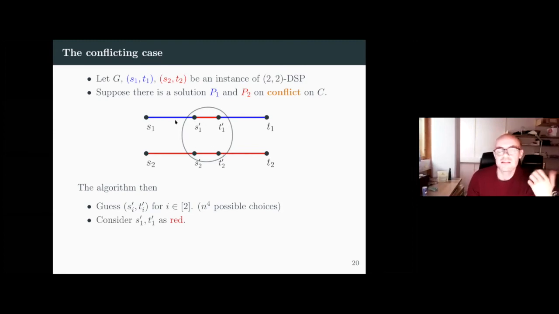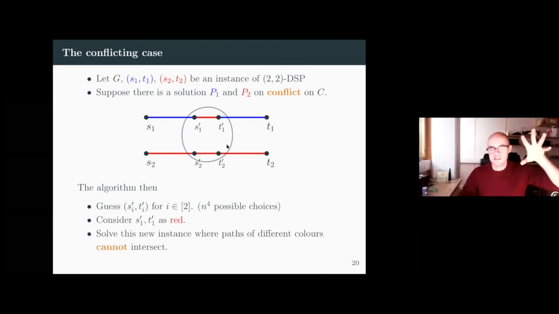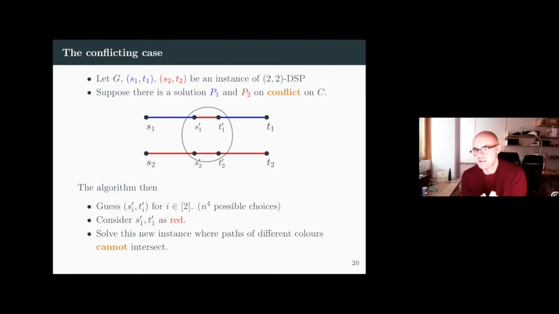So instead of looking for one blue path between S1 and T1 and one red path between S2 and T2, I have two blue paths to find and four red paths to find. But I know that no blue path can intersect any red path. So I can apply Fortune's algorithm in both cases, and because they cannot intersect, I can glue them together. This is what happens when you know that the solution is in conflict, so there is a component where they can intersect.